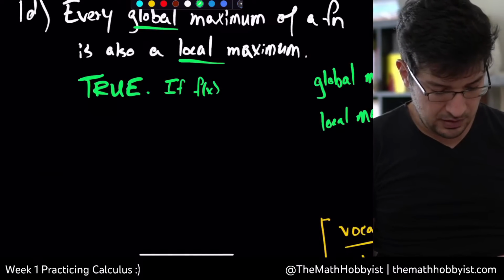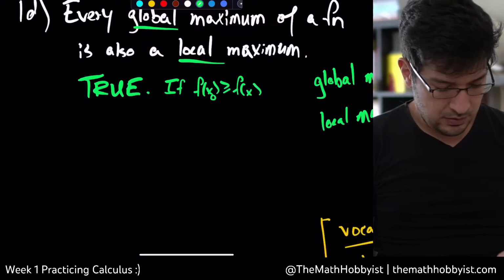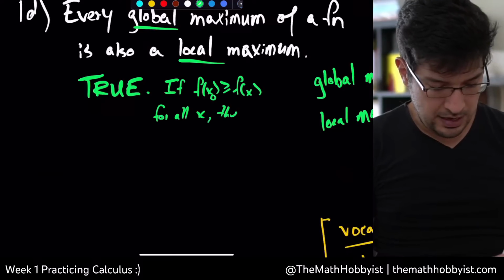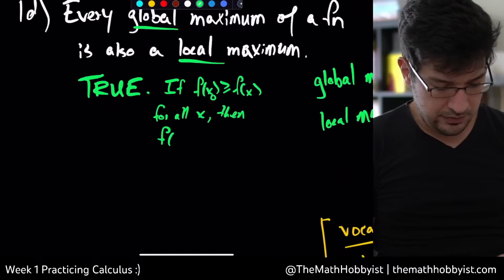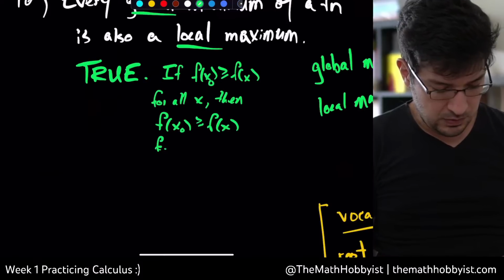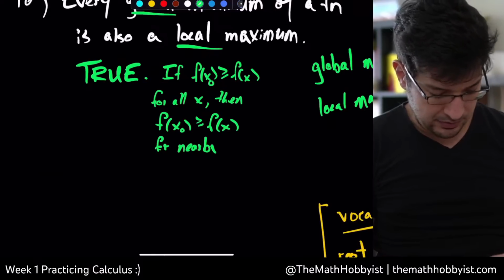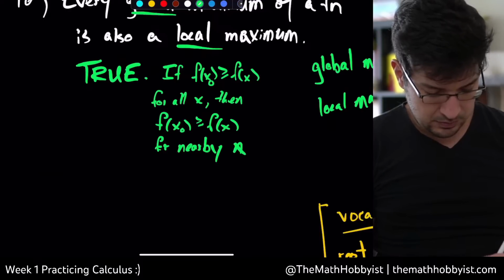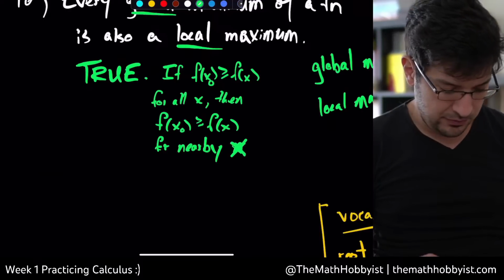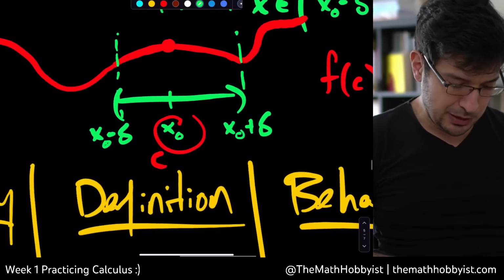If f of x naught is greater than or equal to f of x for all x, then f of x naught is also greater than or equal to f of x for nearby, for neighboring x. For the neighbors of x, within this little neighborhood.